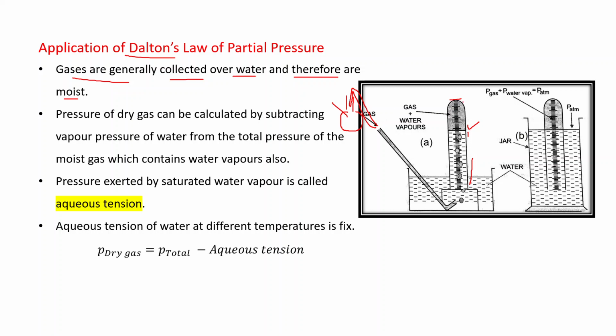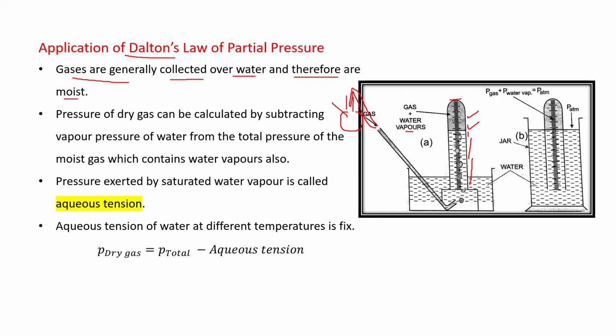This is the meaning. When gas is formed, the bubbles of gas displace the water present in this gas jar. Now in this gas jar, along with the gas, water vapors are also present.